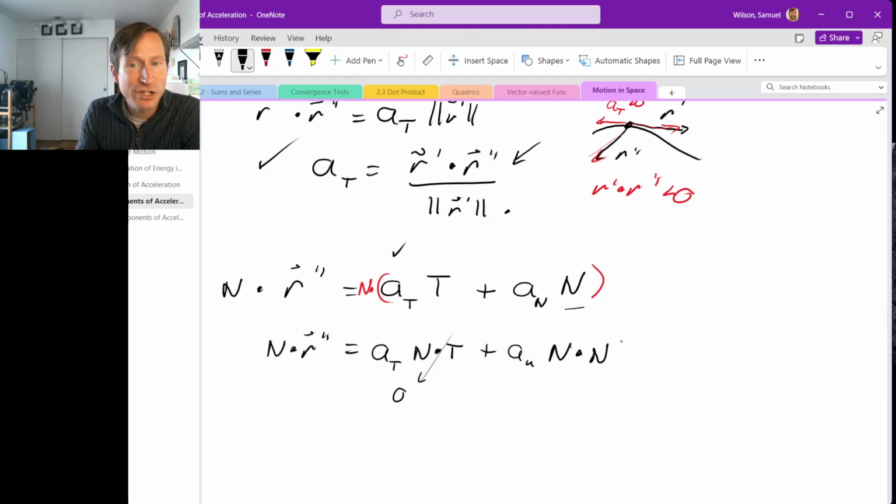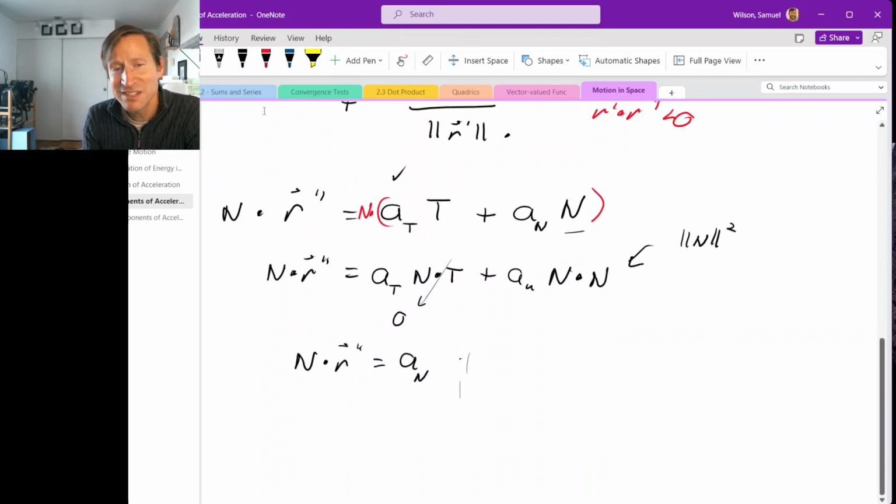So things look really good at first. On the left-hand side, we're just getting n dot r double prime. On the right-hand side, we're getting normal acceleration, and then n dot n, that's the magnitude of n squared. But n is a unit vector, so the magnitude of n squared is 1, so this is just a sub n times 1.